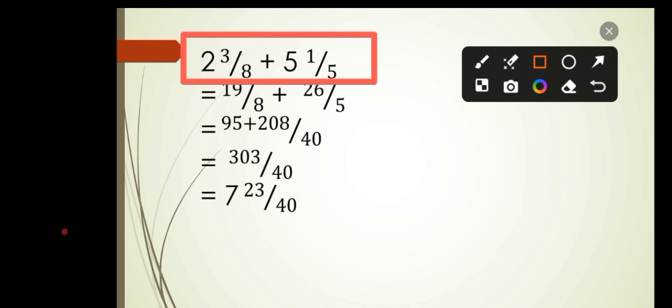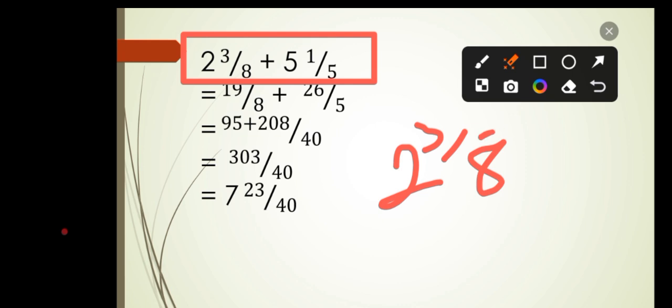Let's do it one after the other. Let's convert this to a vulgar fraction. How do we do it? 2 whole number 3 over 8. What do you do? This 8, the denominator, times this 2 whole number will give you 16.